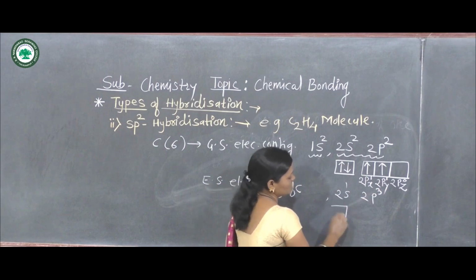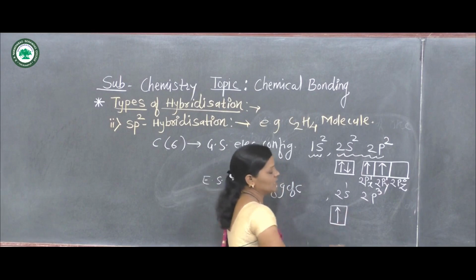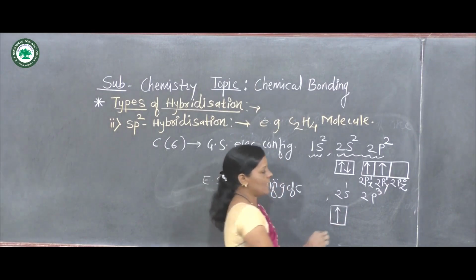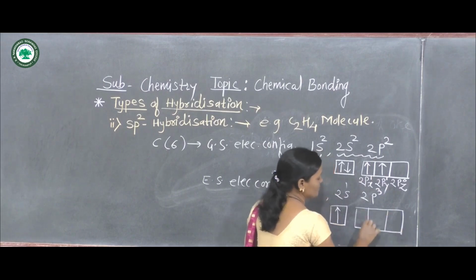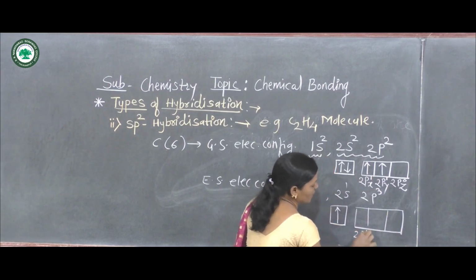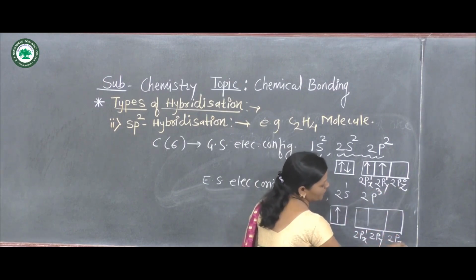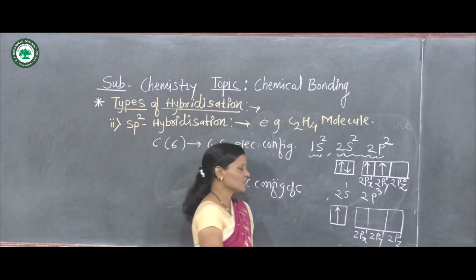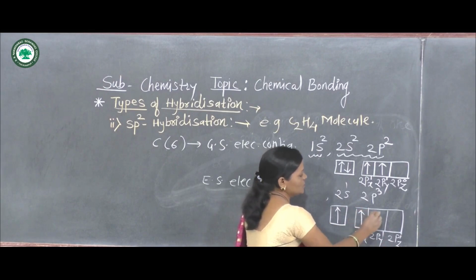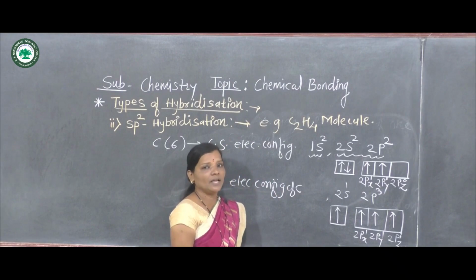In the box diagram, in 2s orbital now only a single electron is present, and the configuration is 2px1 2py1, and the empty 2pz orbital carries one electron from the 2s orbital, so it is 2pz1. Here all the p orbitals now carry single electrons.